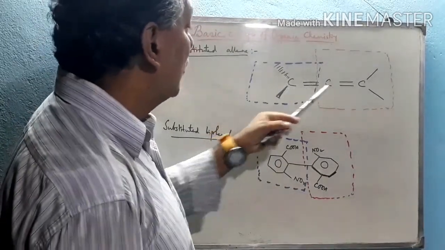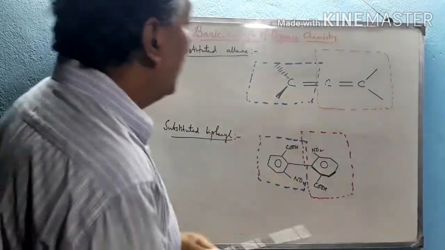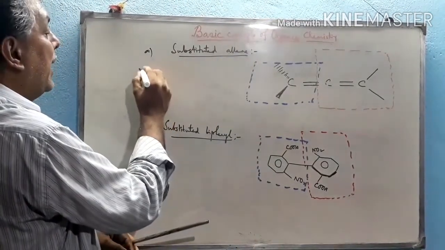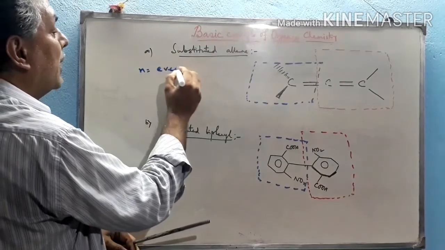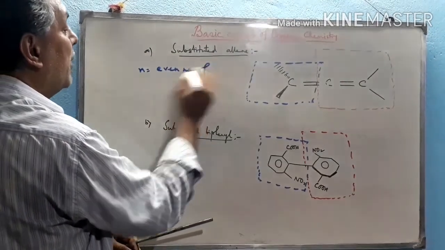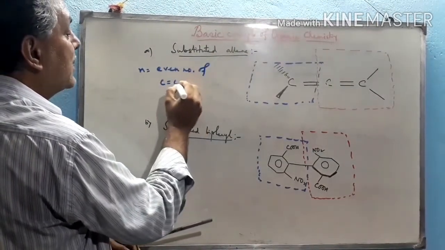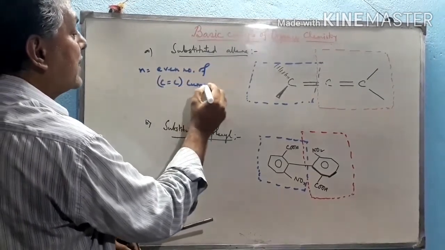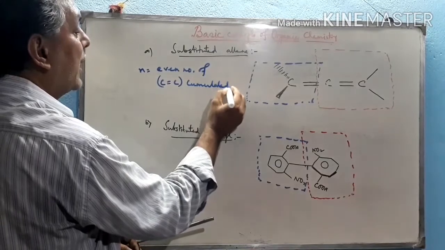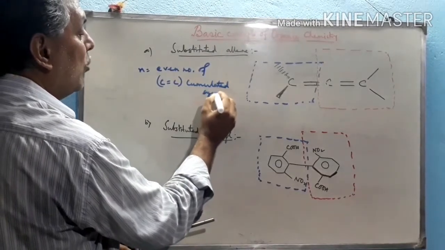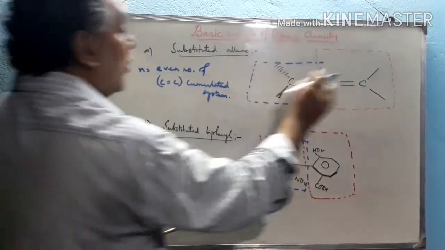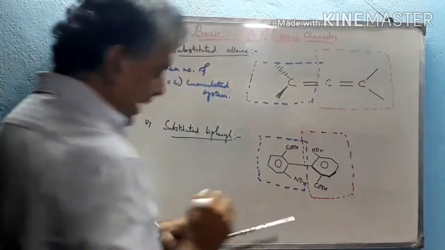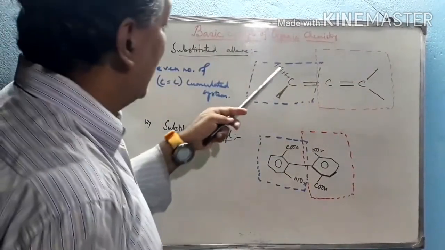Suppose this C double bond C. If any compound contains an even number of C double bond C, a cumulated system, that means continuous double bonds, then such types of planes are obtained.